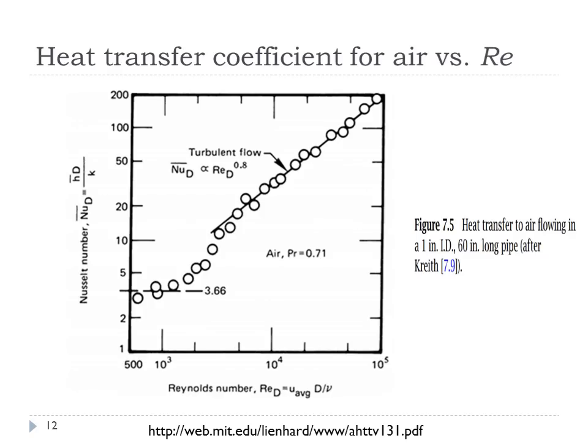Just to point this out again, if you take the heat transfer coefficient times the hydraulic diameter and divide it by the thermal conductivity, you have something called the Nusselt number. The Nusselt number is roughly 4 in the laminar region, then it increases, and once you get into turbulent flow, the Nusselt number goes like the Reynolds number to the 0.8 power.